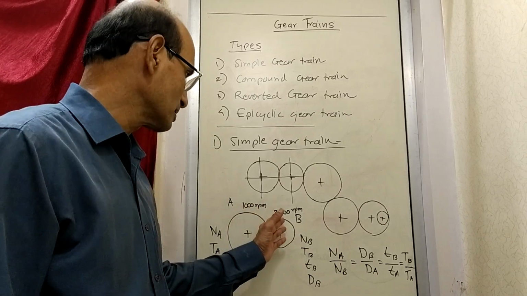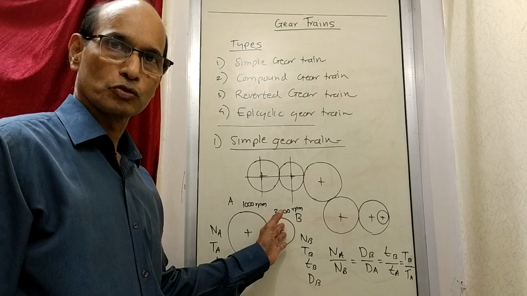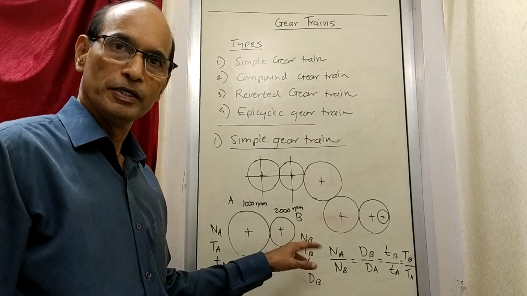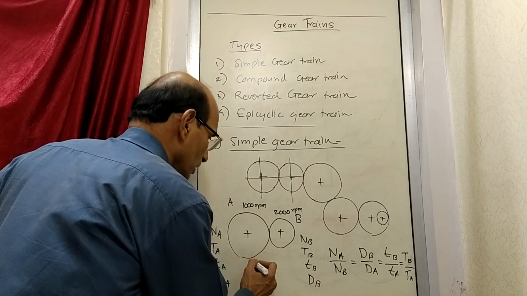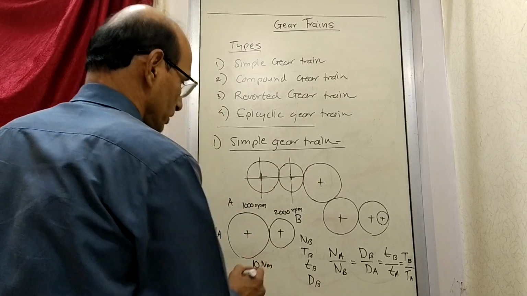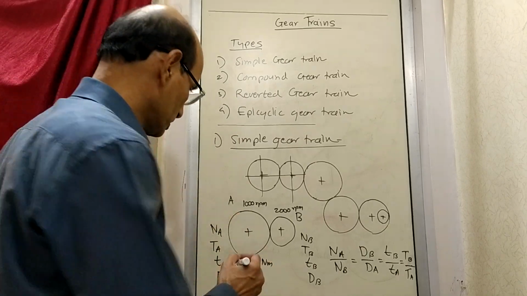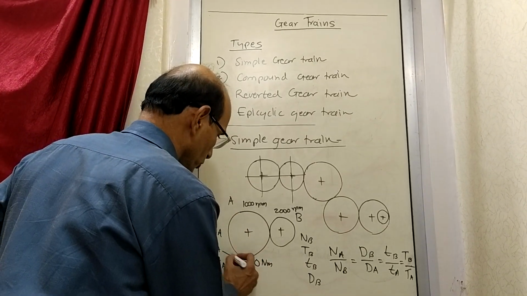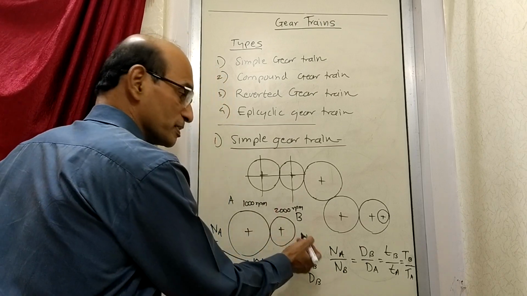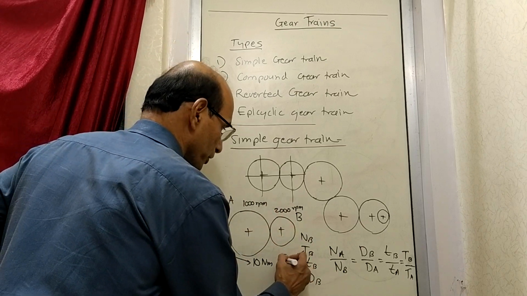Now here the speed has increased, so the torque is reduced. Suppose TA is 10 Newton meter. So TB will be, because the speed is double, torque will be half, so it is 5 Newton meter.